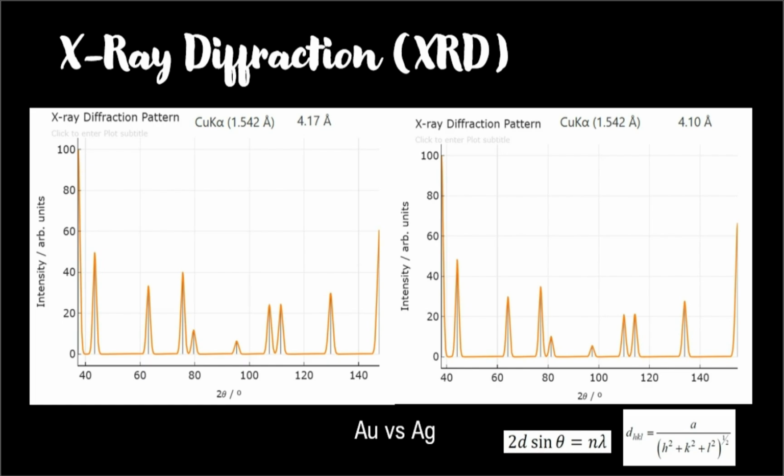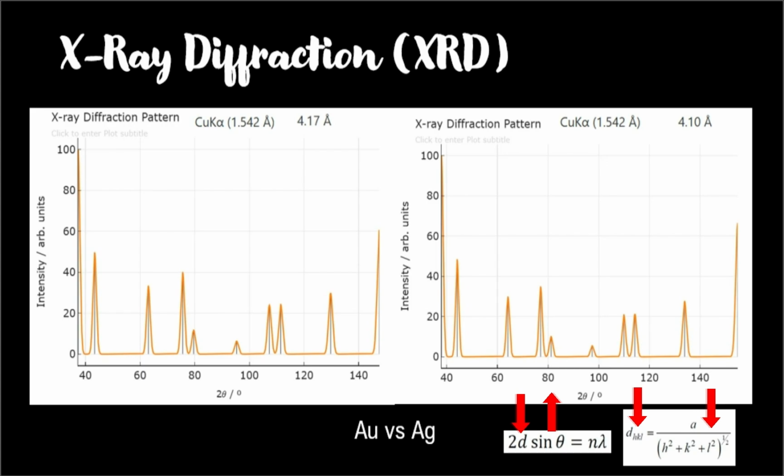So as we go from gold to silver, A decreases, so D also decreases. In Bragg's law, when D decreases, sine theta will increase. So theta is increased because n lambda is constant, as the X-ray is constant. We measure using the same wavelength.